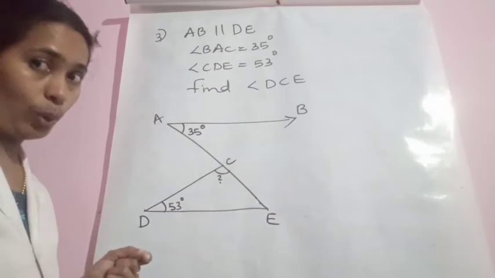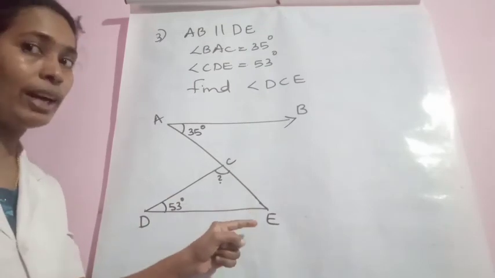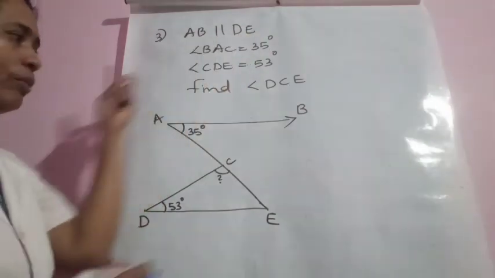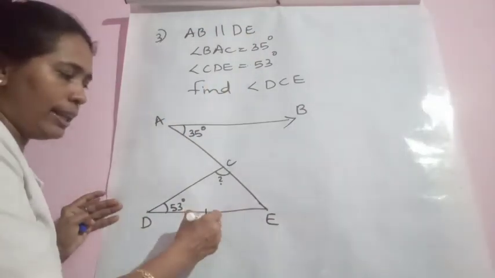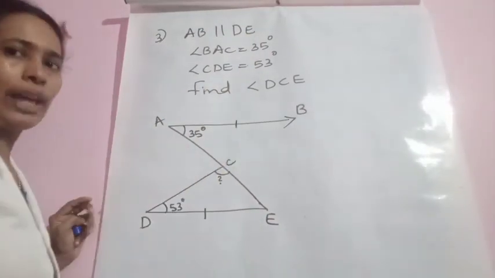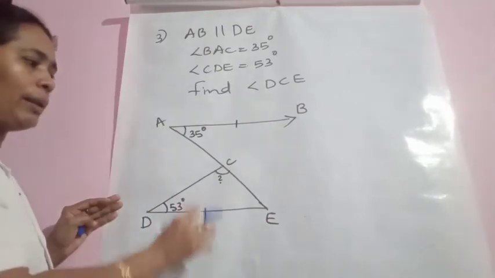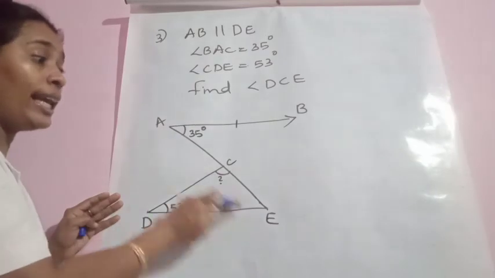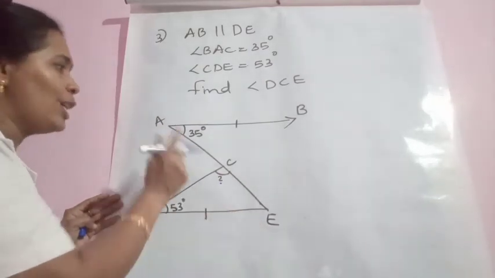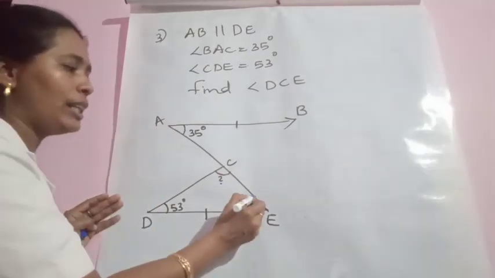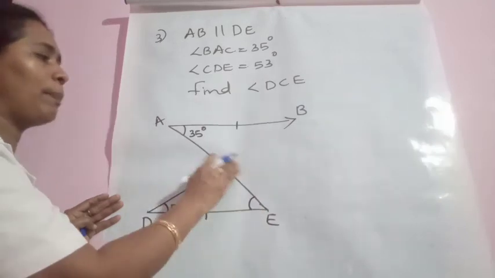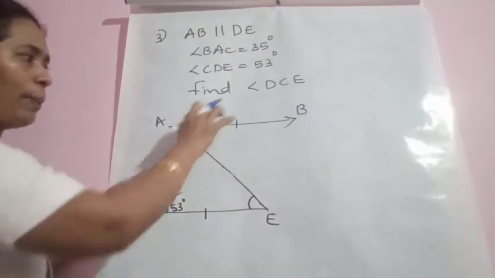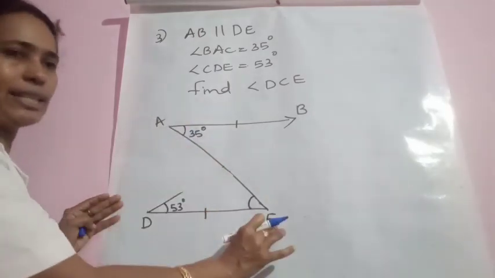So, teacher told you, in order to get this one, what can we apply? Parallel conditions. Which are the lines parallel? DE parallel to AB. The line connecting the parallel lines is the transversal, which one? AE is the transversal. So, angle A is 35 degree, what is the measure of angle E? Imagine there is no such C. Look at parallel lines connected by a transversal AE.